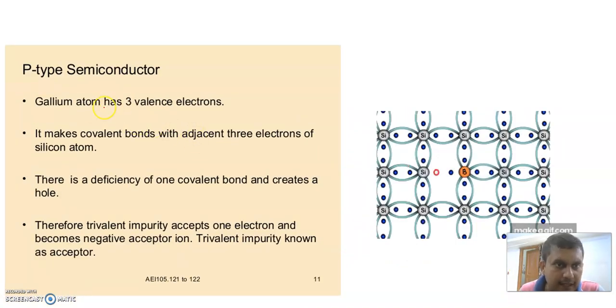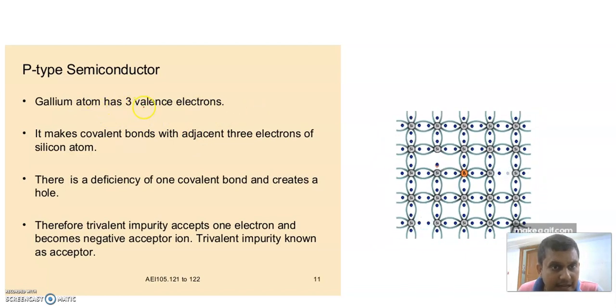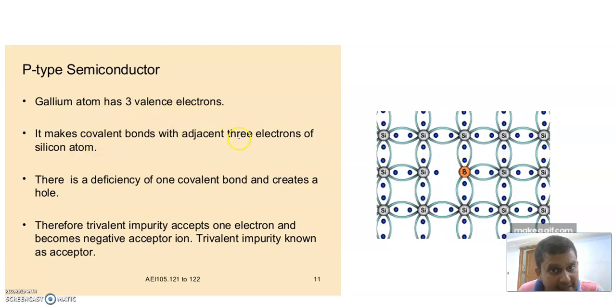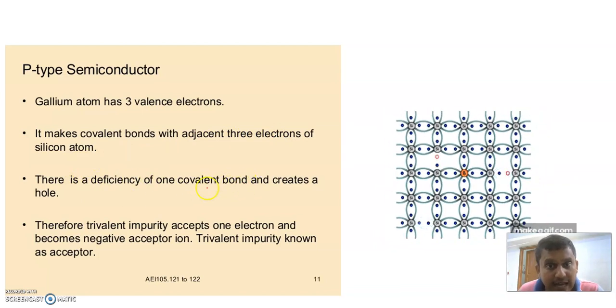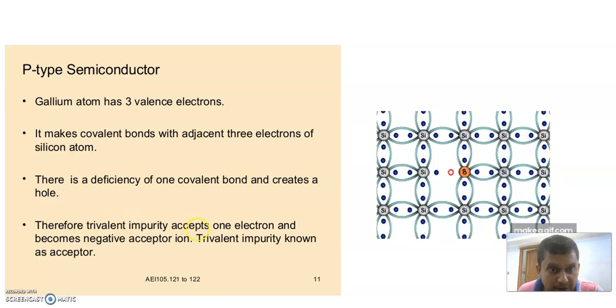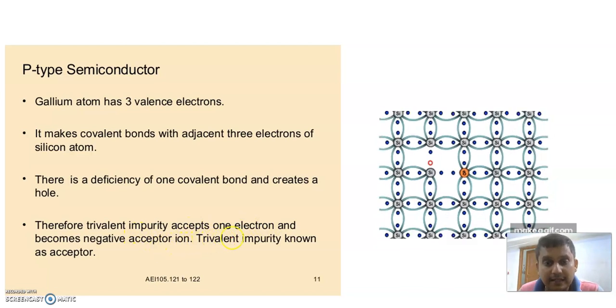For the p-type semiconductor, we are using gallium. The gallium atom has 3 valence electrons. It makes covalent bonds with 3 adjacent electrons of the silicon atoms. There is a deficiency of 1 covalent bond, which creates a hole. Therefore, the trivalent impurity accepts 1 electron and becomes a negative acceptor ion.